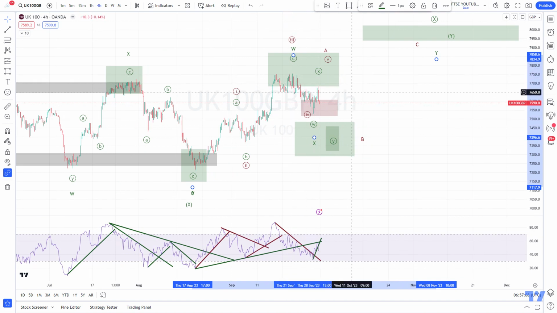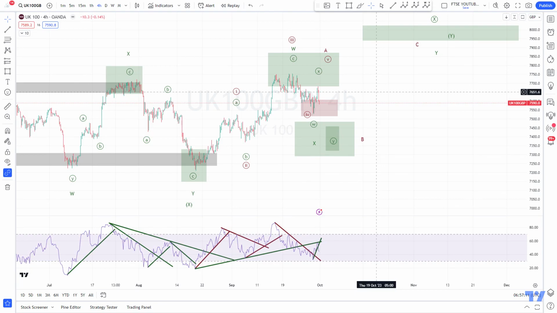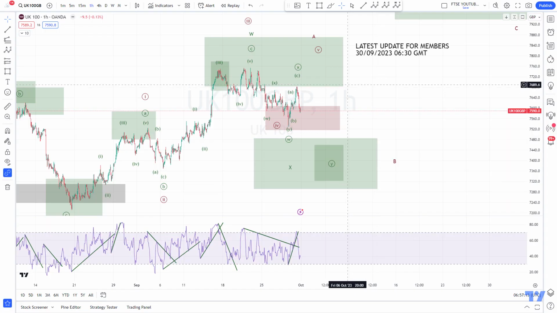And now how are we going there as a wave X? Well, if we zoom in to the 1 hour, we have quite a nice structure. I would say from here, this is a WXY as a wave W. Then here we have a nice A, B, C as a wave X. And so now I would expect a wave Y, so a further corrective move down again in 3, like 1, 2, 3, something like this.